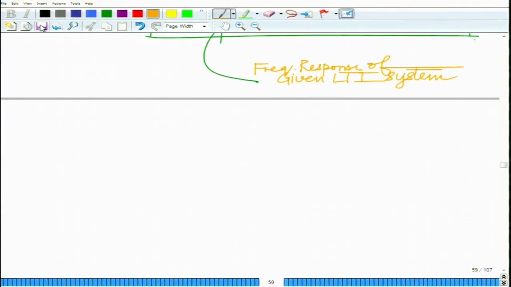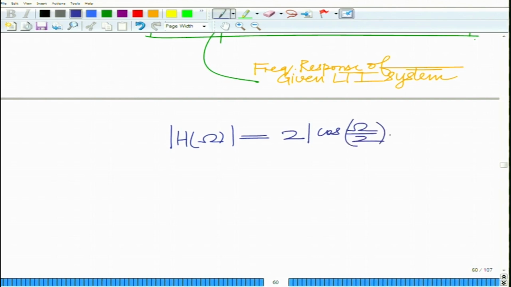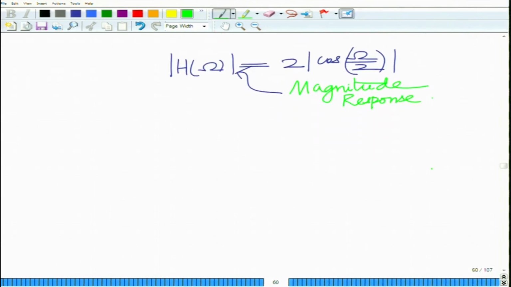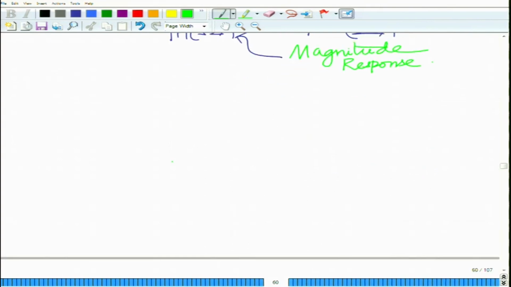Okay. And if you look at the magnitude response, magnitude of H of omega, you can see this is clearly 2 magnitude cosine omega by 2. This is basically your magnitude response. If you draw this, it will look something like this.